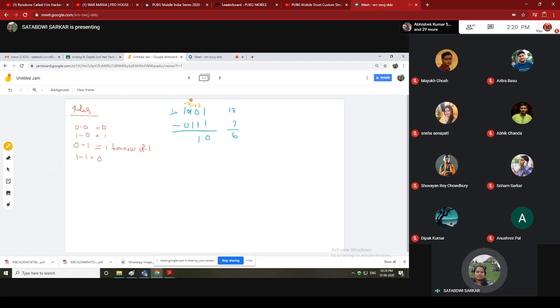If we borrow 1, the value becomes 2 because it is in the binary form. So now in this position, the value is 2. So 2 minus 1, again it becomes 1. And here now it is 0 because we have borrowed this 1. So 0, 0, this is 0. So see the result. This is also 6.